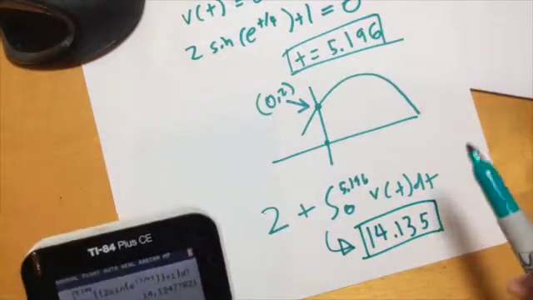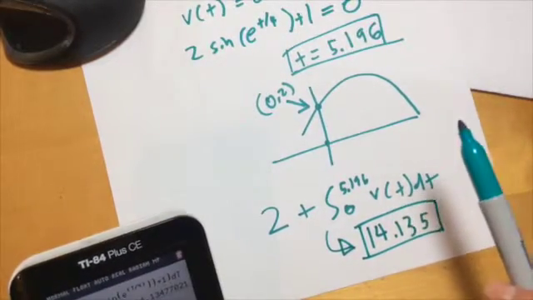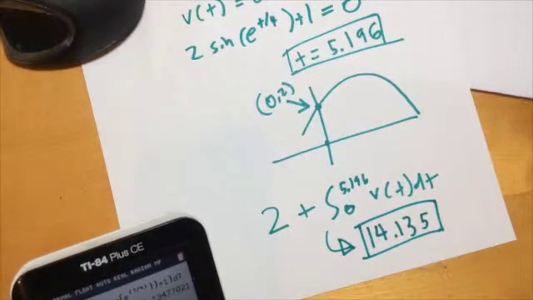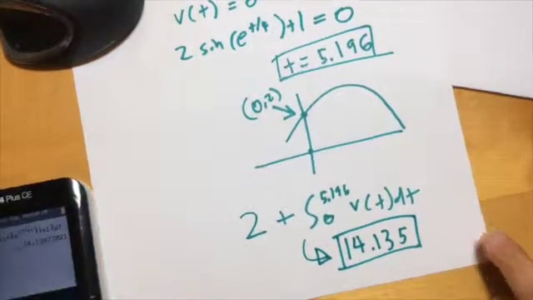So when the particle changes direction, the position is at 14.135. And now that you know this, you're done with the problem.